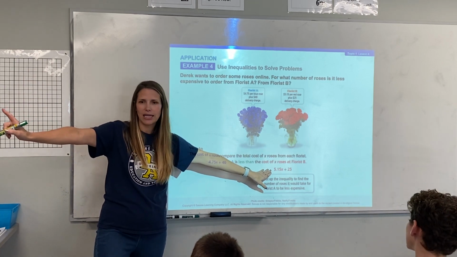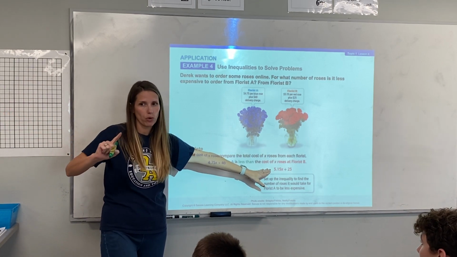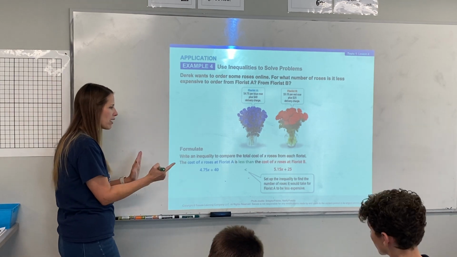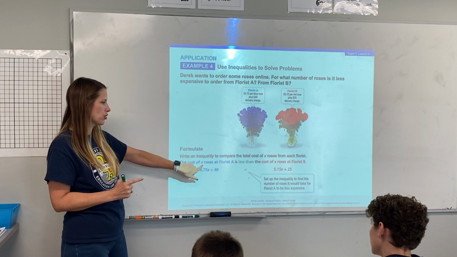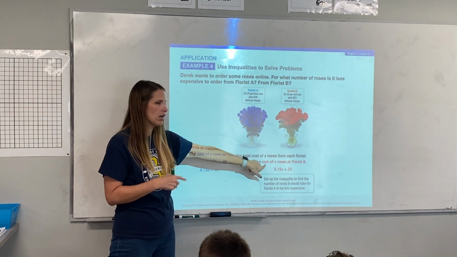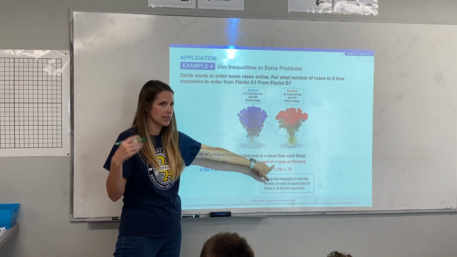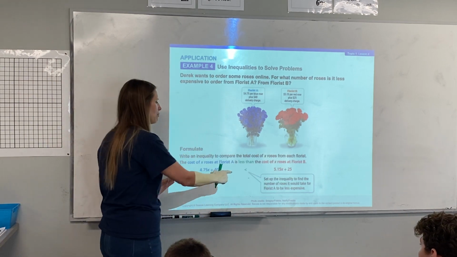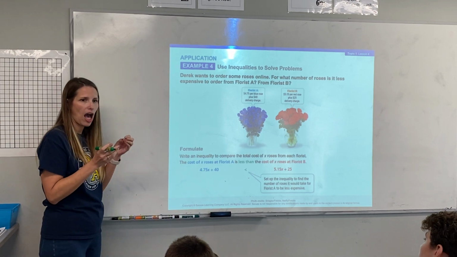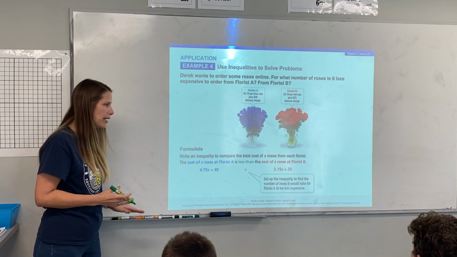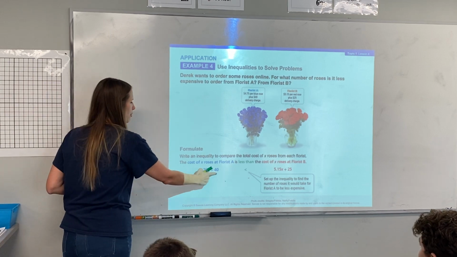I can't take questions unless it's really important, because I am going to show you how to do this. We're going to compare the cost of a certain number of roses at florist A with the cost of the same number of roses at florist B. But we want them to be less than, to see how many roses would make more sense to go with florist A. So we set up our inequality.